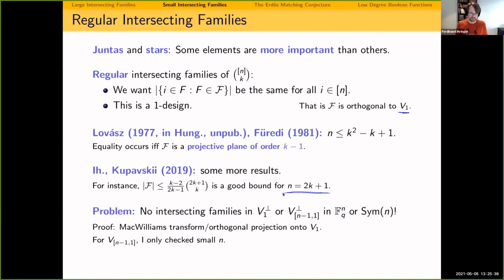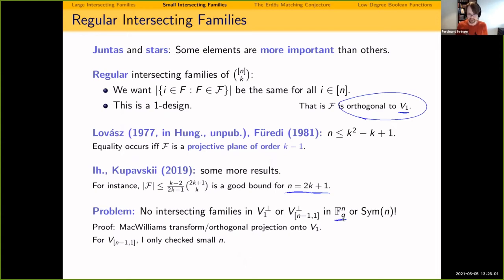Now, the problem is when you want to generalize this property to other structures, then you can quite easily see that you can never satisfy this condition of being orthogonal to this special eigenspace. And you cannot do so in vector spaces.